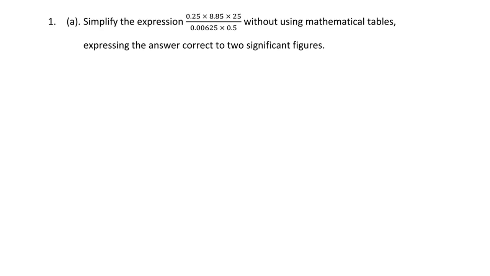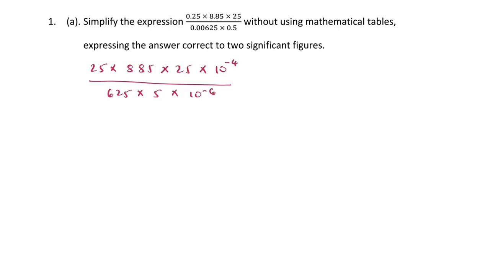So our expression is going to be 25 times 885 times 25 times 10 power negative 4 over 625 times 5 times 10 power negative 6.